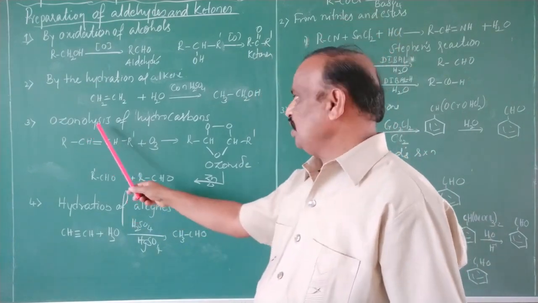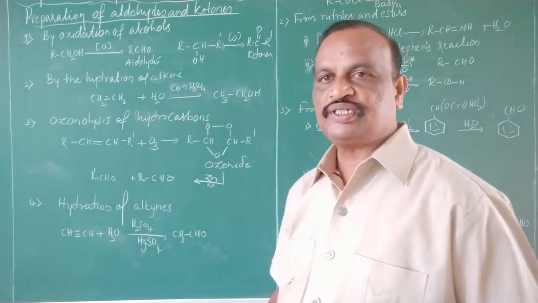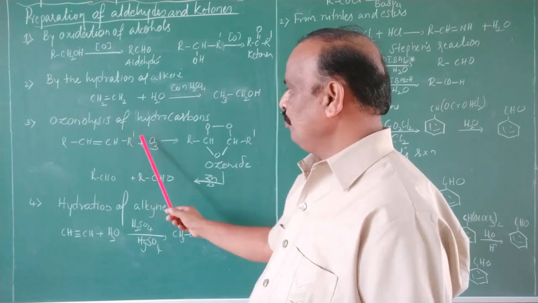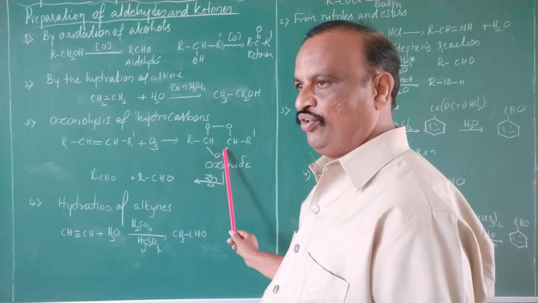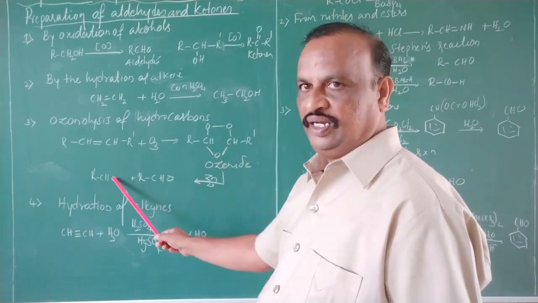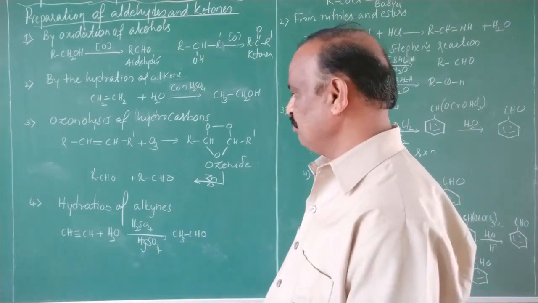The third method is the ozonolysis of hydrocarbons. Ozonolysis is a process in which ozone is added across the double bonded compounds. When ozone is added across the double bond, an ozonide is formed, which when heated with zinc forms the aldehydes. This method also you have studied in the 11th class syllabus.